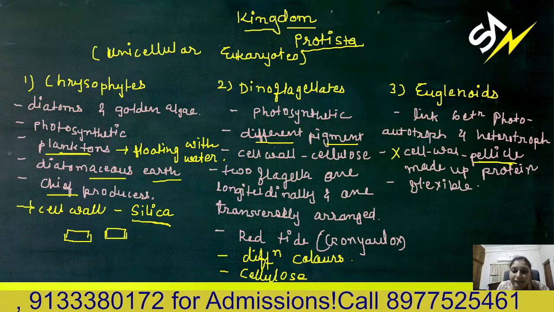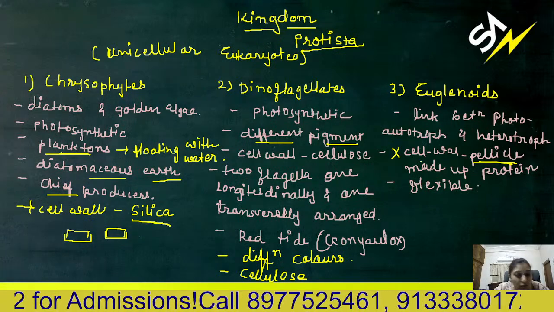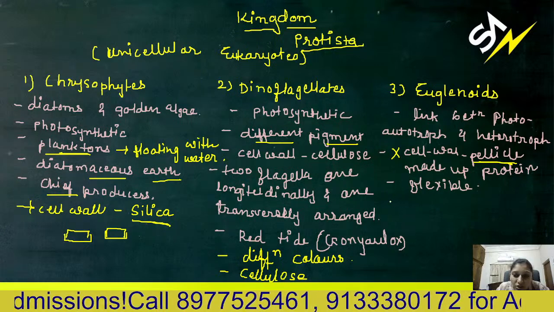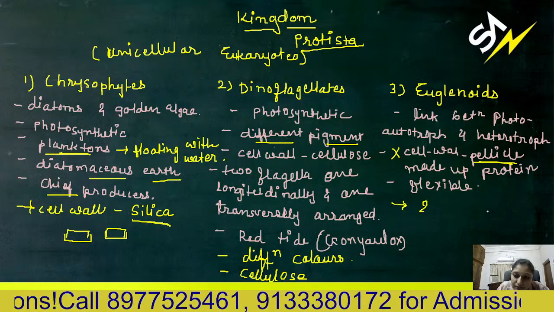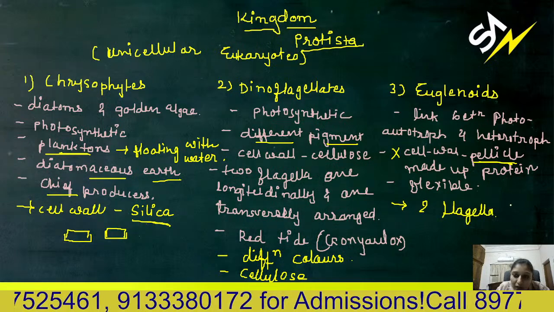So that's why it is flexible. Members of the euglenoids, like Euglena, also have two flagella, one long and one short.